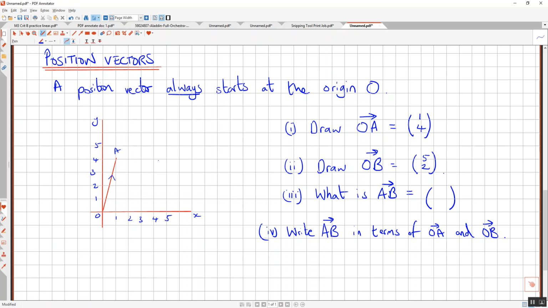And all right, O to B is going across 5 and up 2. So O to B is going to finish up here. So I can draw that in.